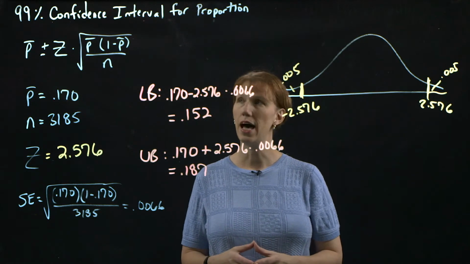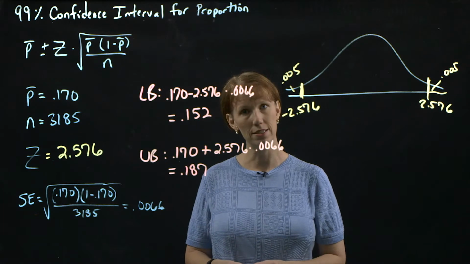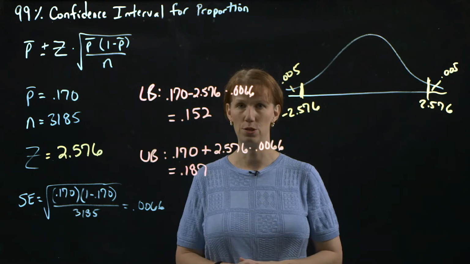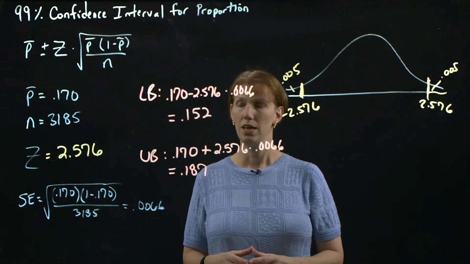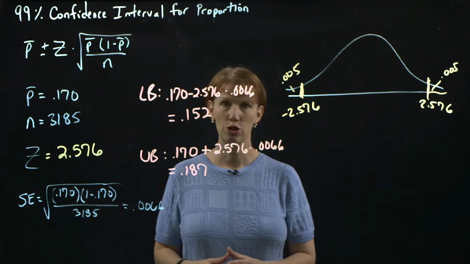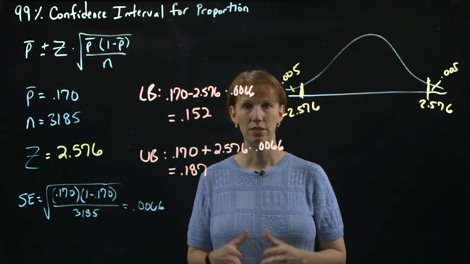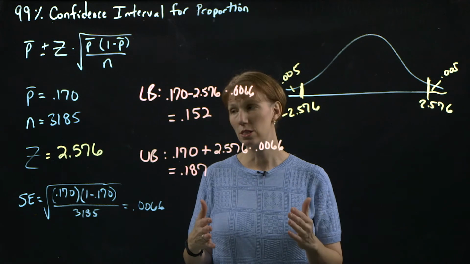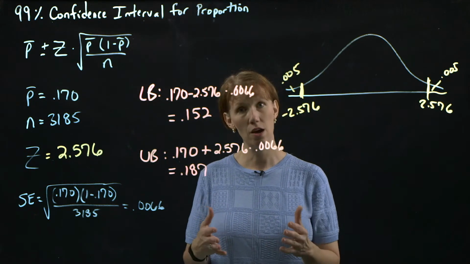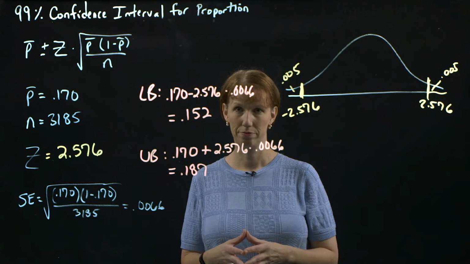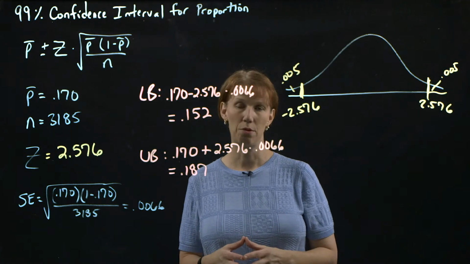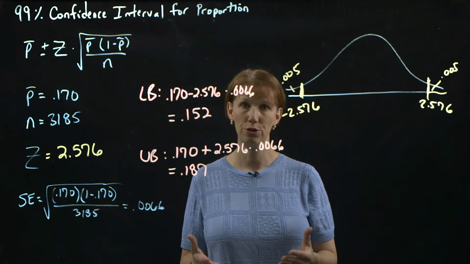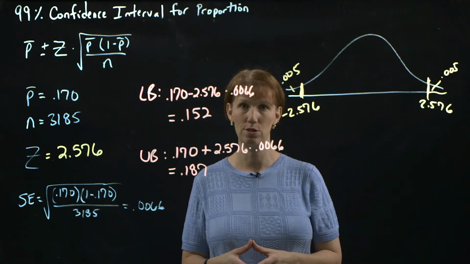The first is that if we were to change the confidence level from 99% to 95 or 90%, what would change? Specifically, we would change the value of z. And in particular, if we reduce the confidence level, we will have a smaller value of z and a narrower interval estimate. The other point that I want to emphasize is that we sometimes use interval estimates to make inferences about population parameters.